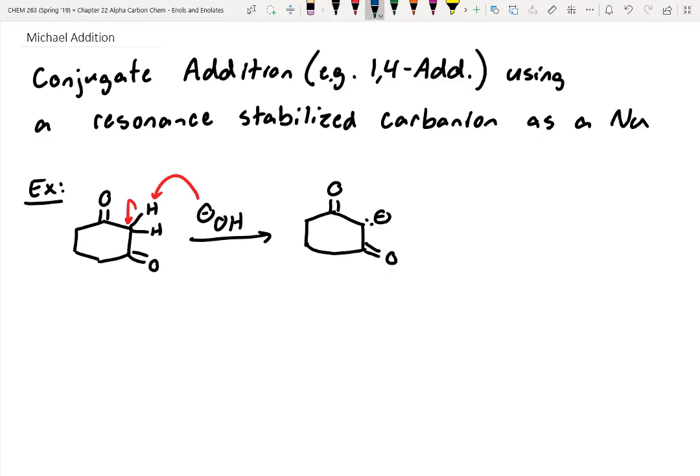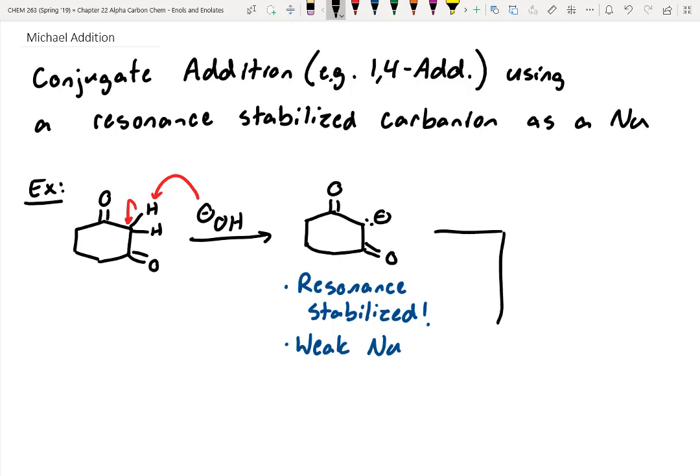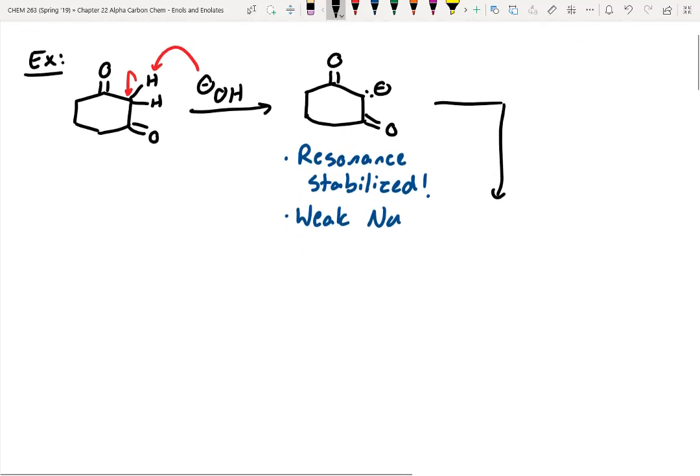So this is resonance stabilized. Which means that this is also a weak nucleophile, and we know that weak nucleophiles tend to favor 1,4 addition or conjugate addition. All right, so now at this point, once we have that made, we can react this with a new reagent.